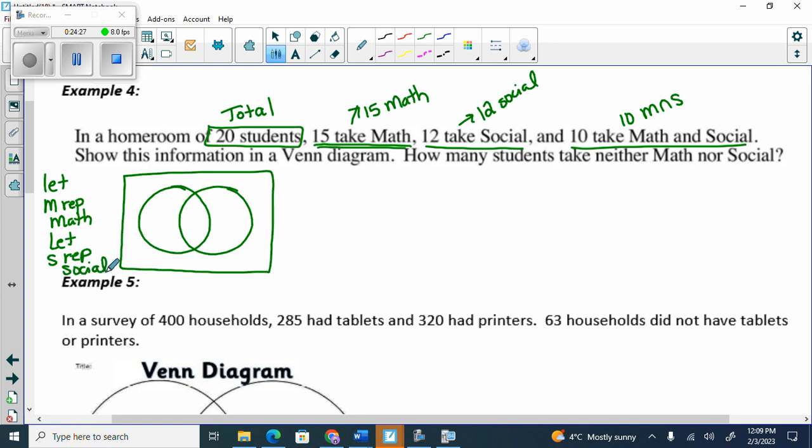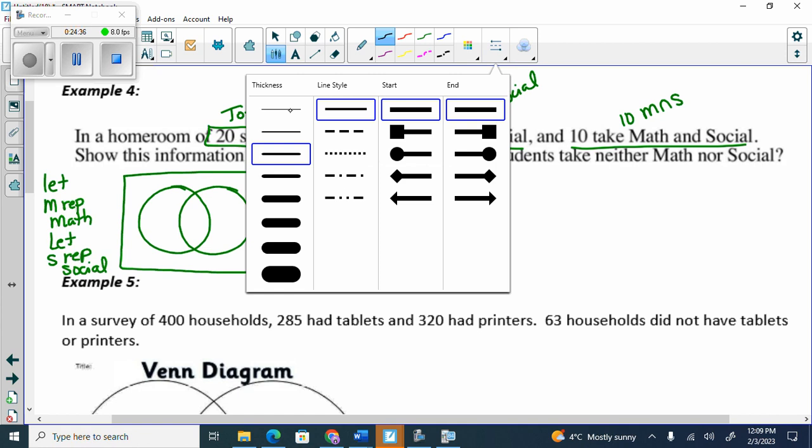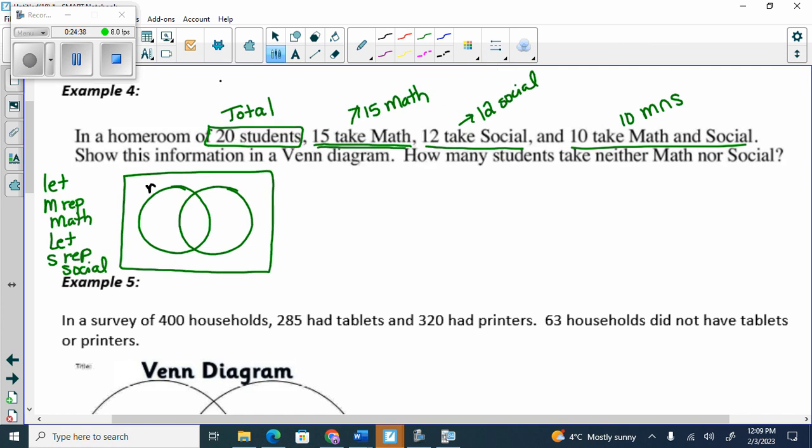If not, you have to write the whole word: math above the one, social above the other. Because I wrote the let statements, I can go M and S, but if not, I would have to write math and social, the whole word. Okay?